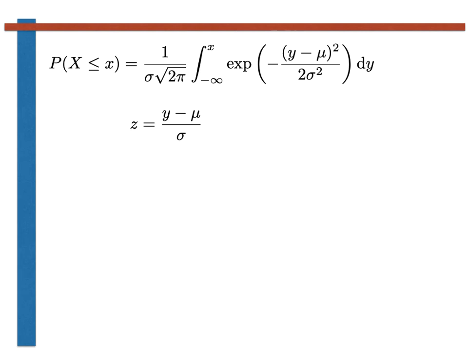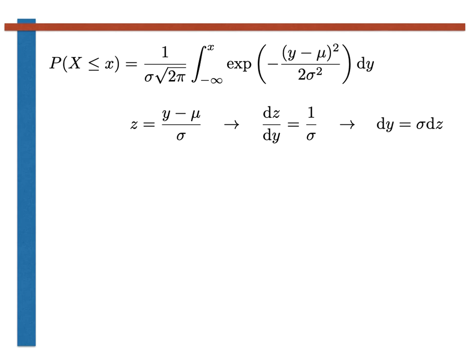The second change that we need to make is that we need to change the infinitesimal, i.e. the dy. To change the infinitesimal, we note that dz by dy is equal to 1 divided by sigma. We can thus write that dy is equal to sigma dz.